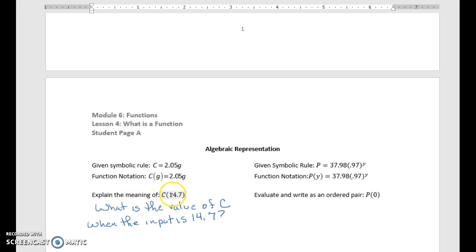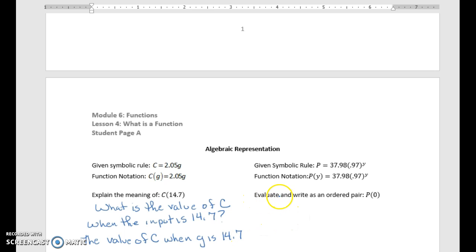It's not asking us to evaluate, it's just asking us for meaning. So you're not calculating anything here, there's no computation. It's just asking, what does this mean? So we can write it again as this question, or you can actually write it as a statement: the value of C when G is 14.7.